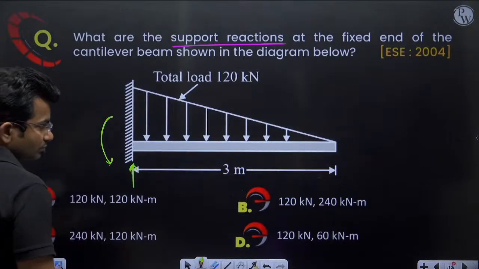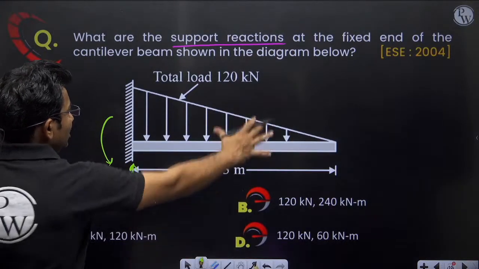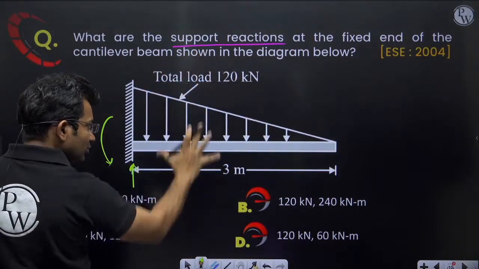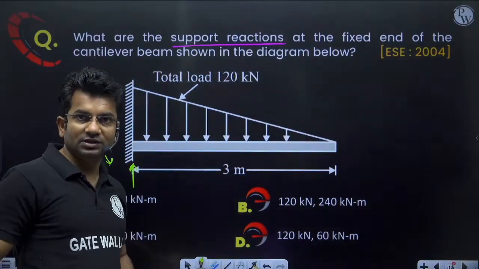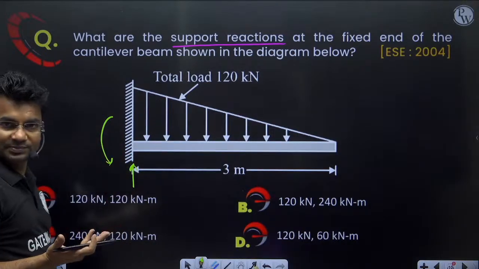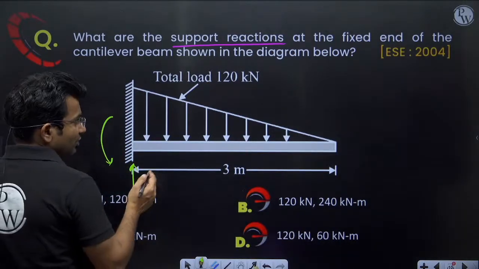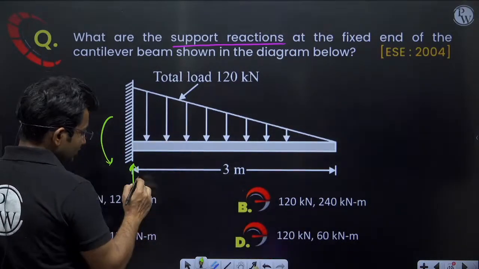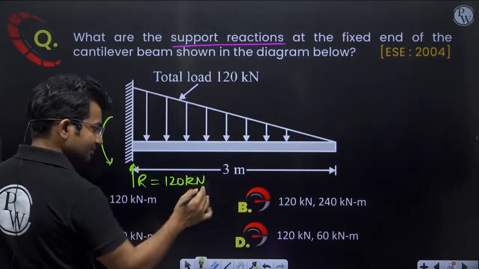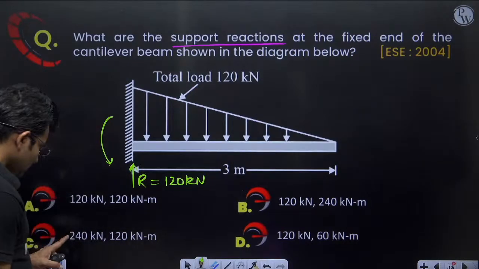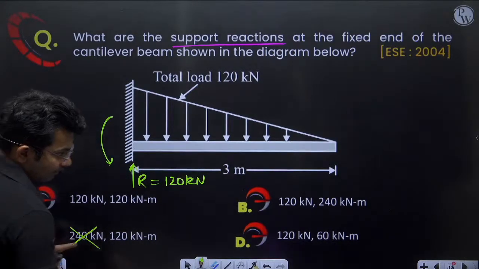The total load is 120 kilonewton. When the total downward load is 120 kilonewton, the support reaction will be how much? 120 kilonewton only. If we do summation Fy equal to 0, I will get this support reaction as 120 kilonewton only.